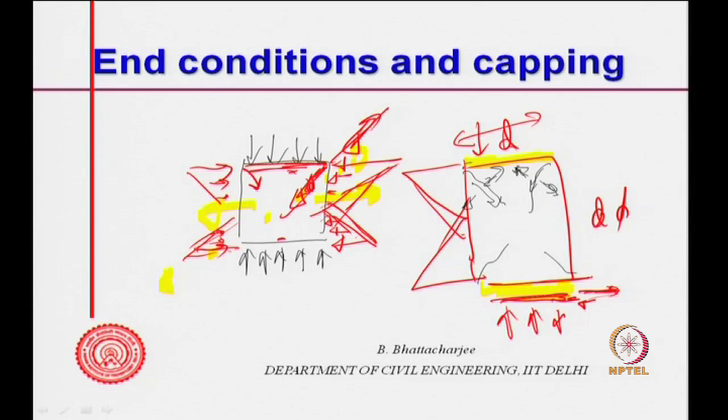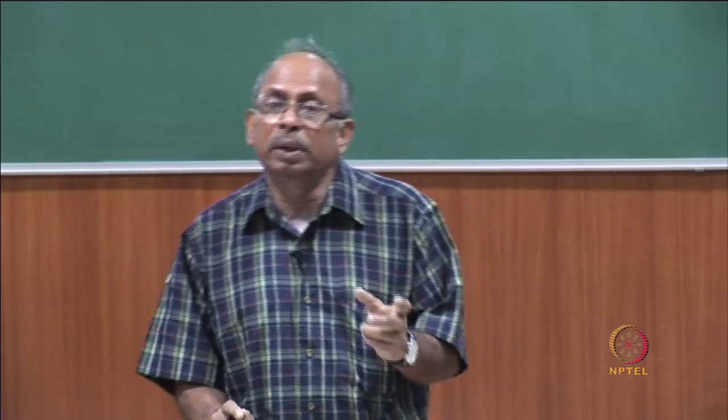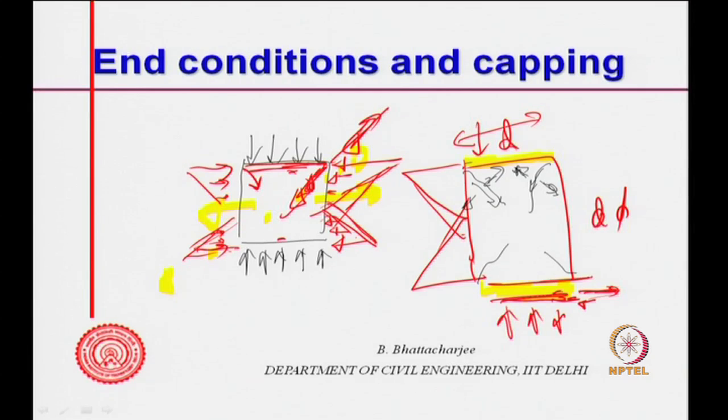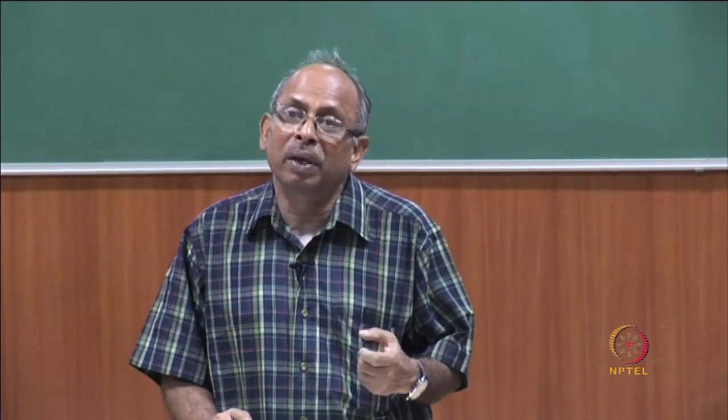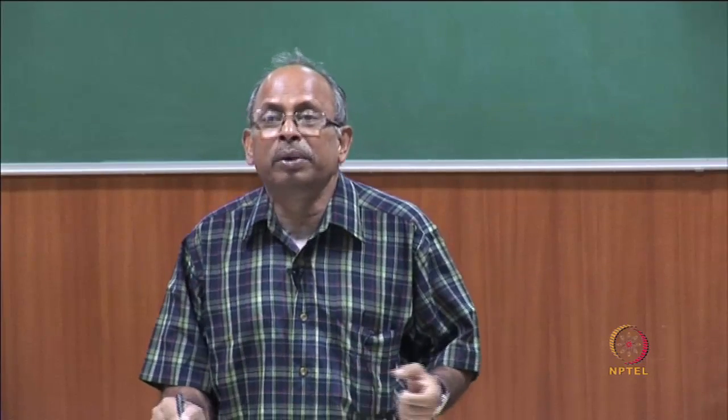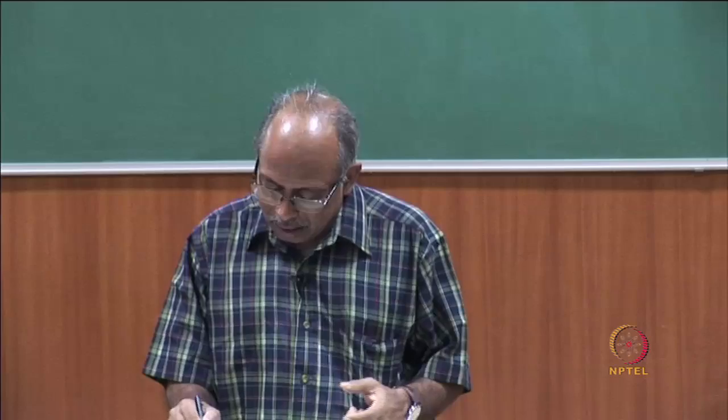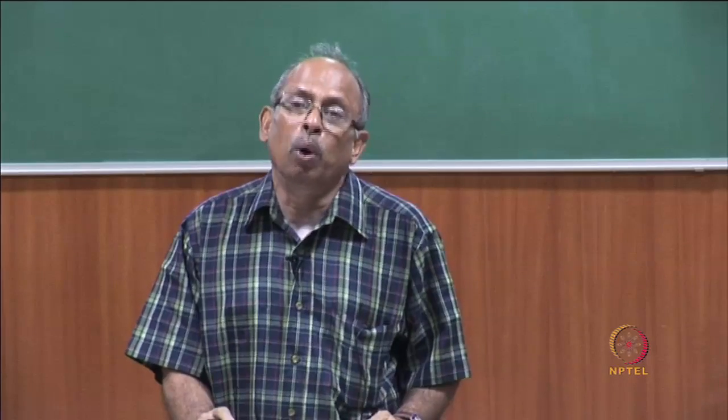If it is stiff, then the strain in this direction itself will be low, therefore Poisson's effect will be minimal. So, the more the Poisson's ratio of this capping material and the less its modulus of elasticity, the more it will tend to nullify the Platen effect.